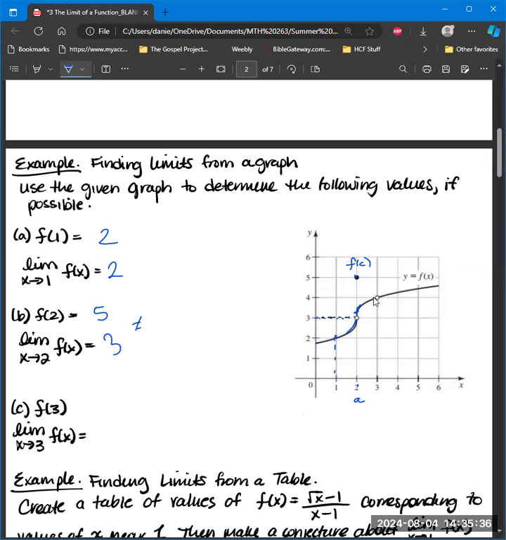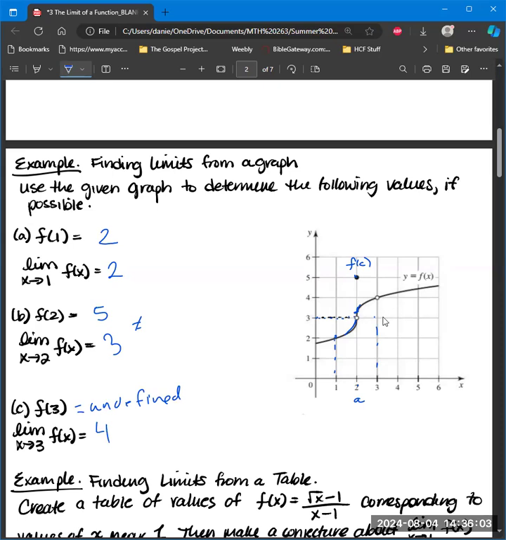And at 3, right here, we can see that as I get close from the left and the right, I get closer and closer to 4, but the function actually does not exist at x equals 3. So this is undefined, but we're getting closer and closer to 4 for our limit.